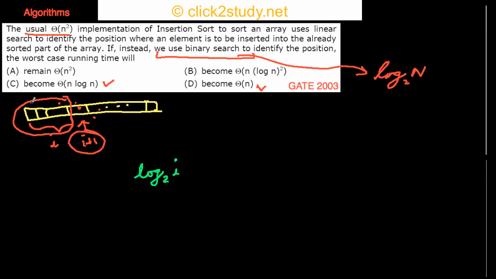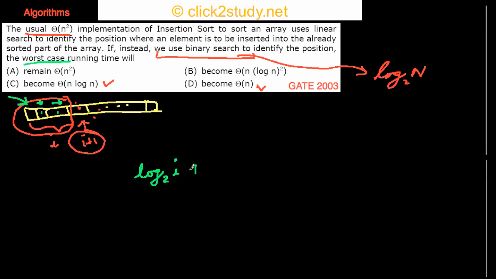Suppose you have to insert it at this position, then you need to shift all these elements to the right and then insert it there. That shifting gives you some extra cost, and that's where it remains the same, as you will see. What it is talking about is the worst case. In the worst case you might have to shift all the elements to the right and insert your element in the beginning. So the I plus 1th element goes here and these I elements are shifted to the right.